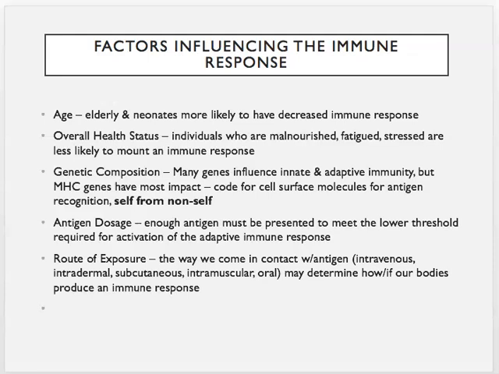The antigen dosage. Enough of the antigen has to be presented to meet the lower threshold required for activation of the adaptive immune response. So there has to be enough of that foreign cell or pathogen there for our body to recognize it as a threat and then respond accordingly.